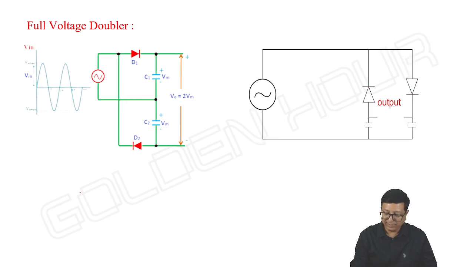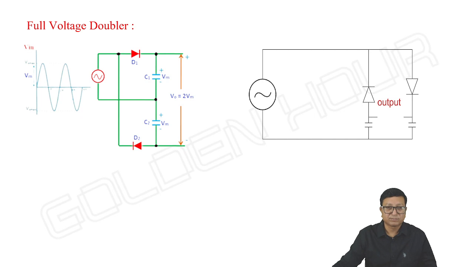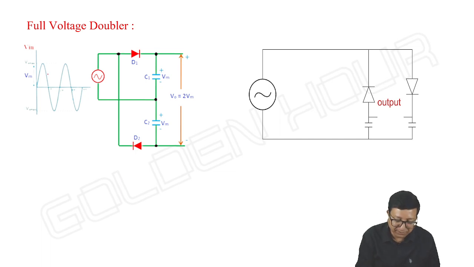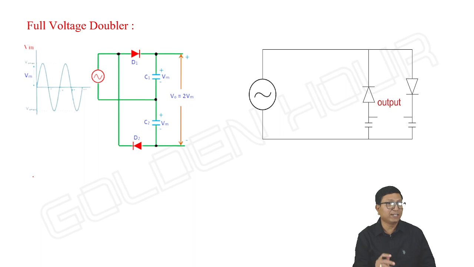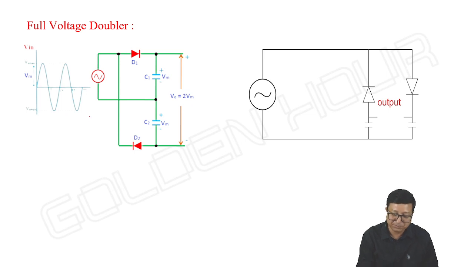Okay, let us have a look at its working. During the positive quarter cycle I am taking, it's not half cycles, it is quarter cycles. First quarter cycle means 0 to T by 4.